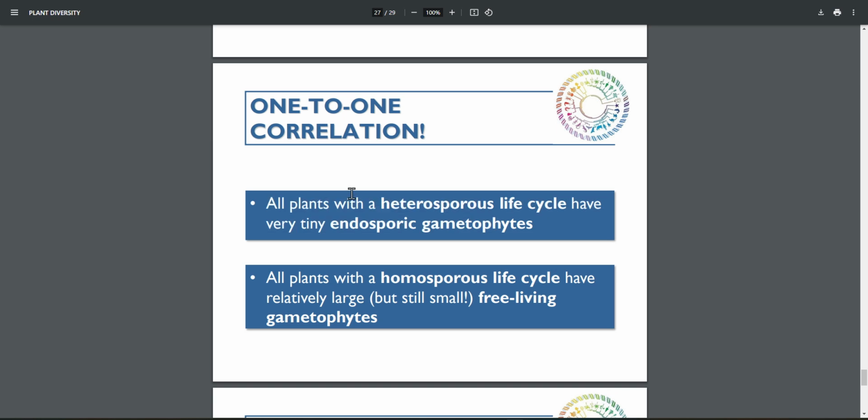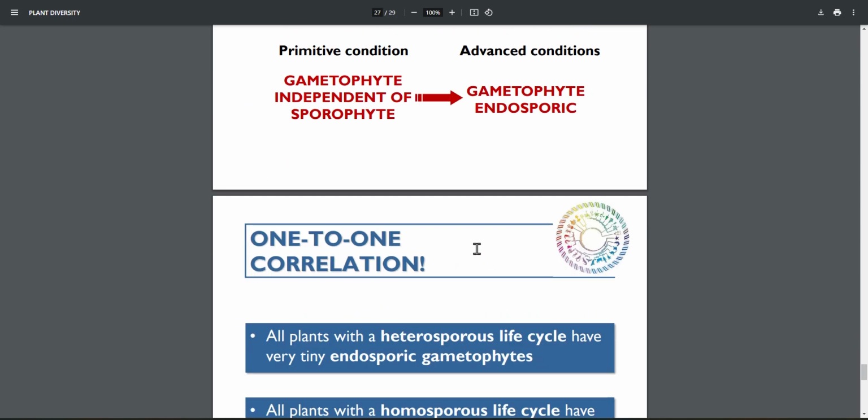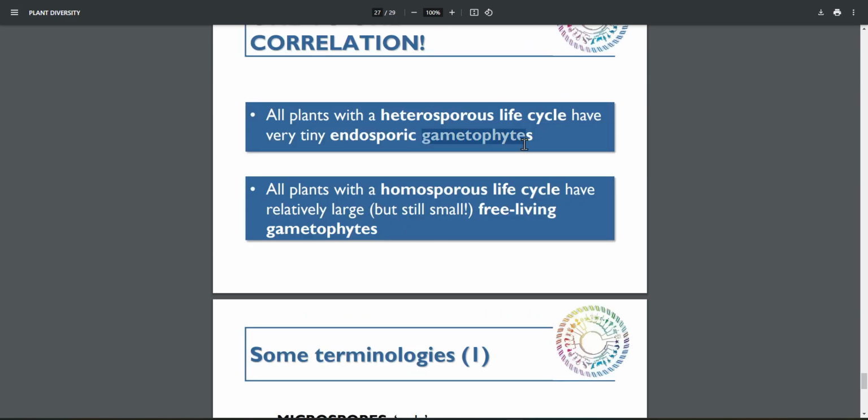All plants with a heterosporous life cycle have tiny endosporic gametophytes. So all these plants that are heterosporous, that form megagametophyte or microgametophyte, the gametophytes are always within spores. While plants with a homosporous life cycle have still small but comparatively larger free-living gametophytes.